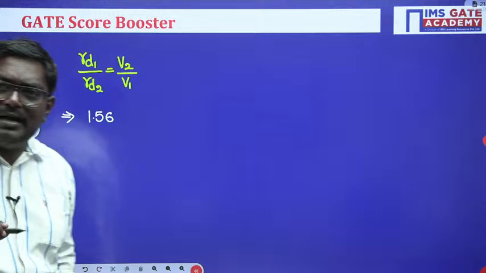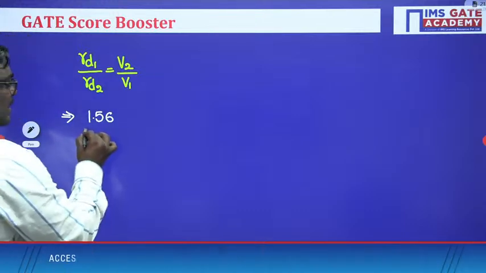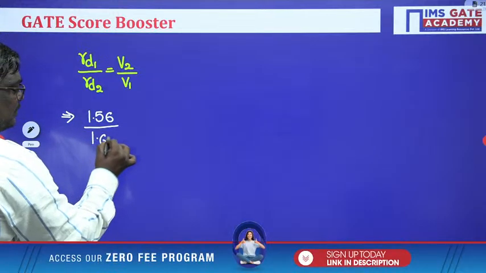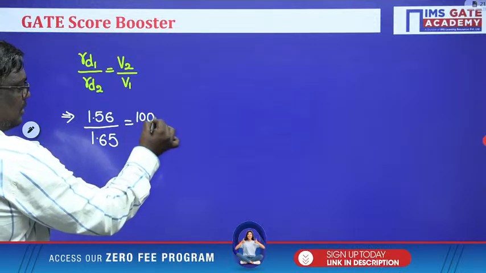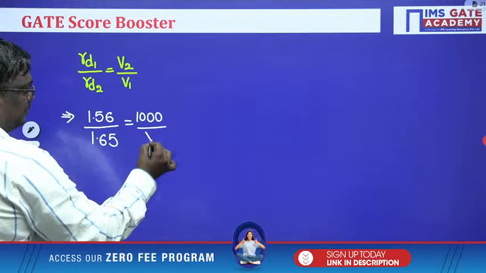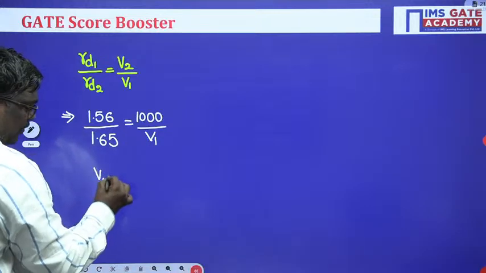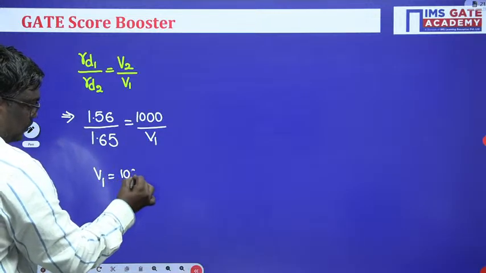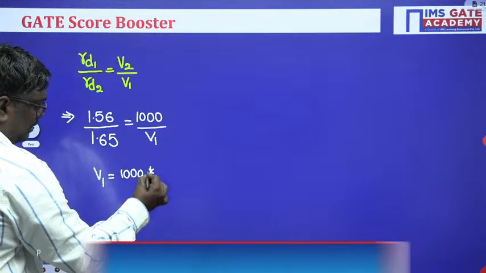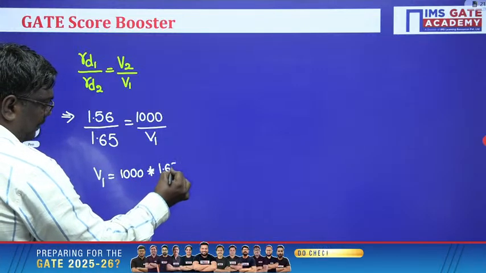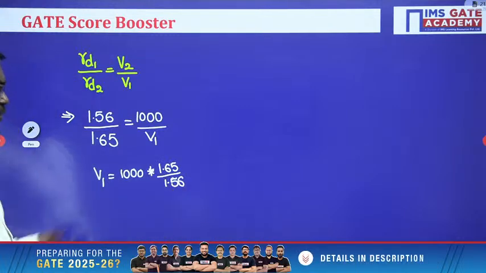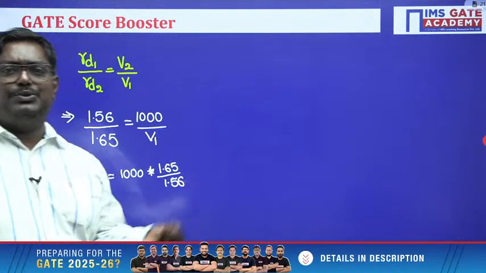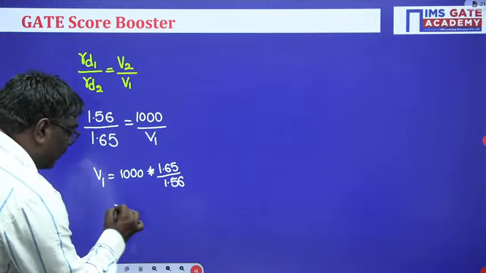What is gamma D2? 1.65 is equal to V2, which is 1000, upon V1. If you solve, V1 is equal to 1000 multiplied by 1.65 divided by 1.56.